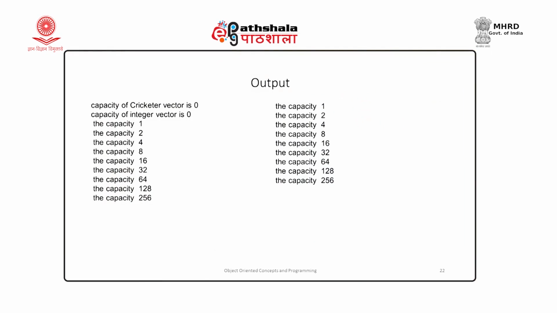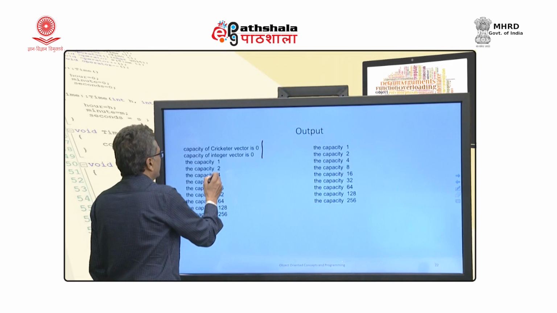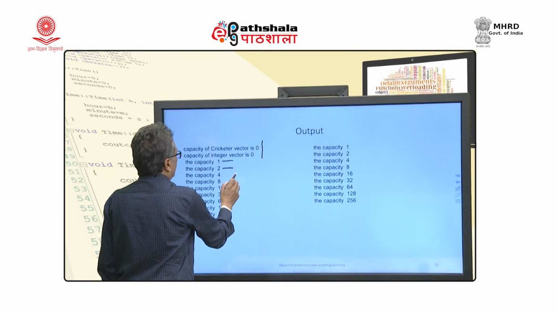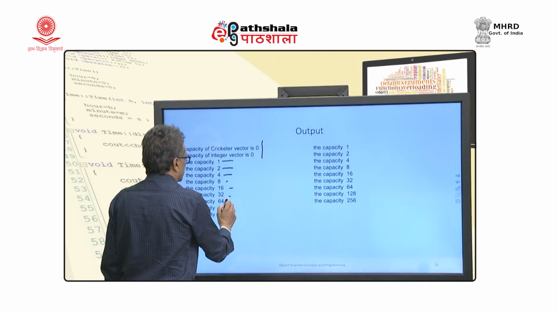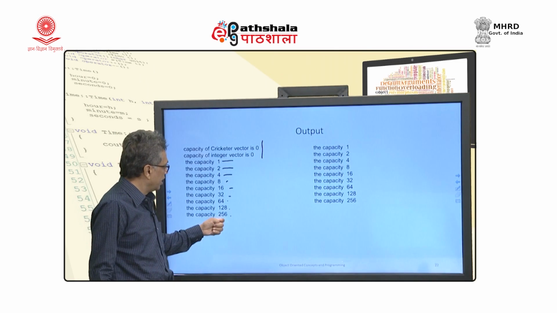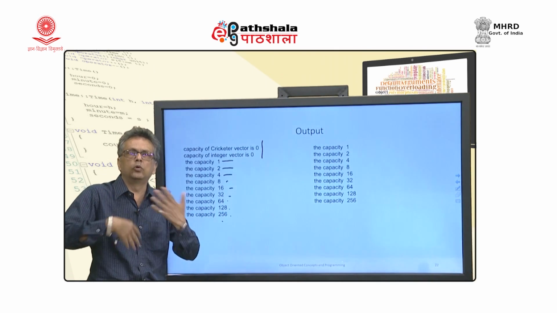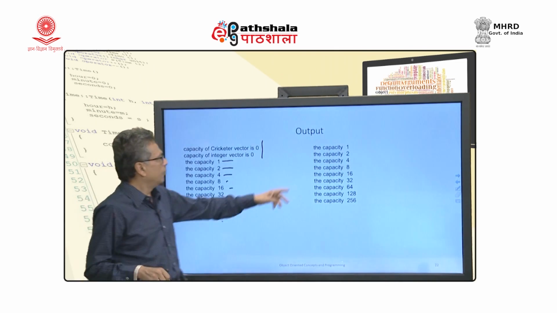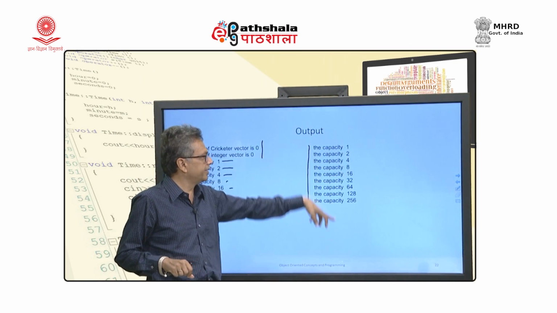Here it shows the integer vector in the beginning, both of them have no element. So, the size is 0, then it increases to 1, 2, 4, 8, 16, 32, 64, 128, 256 and so on, because the last element was 200, it demanded 256. So, you can see how it grows, and the case of VC is also like this.